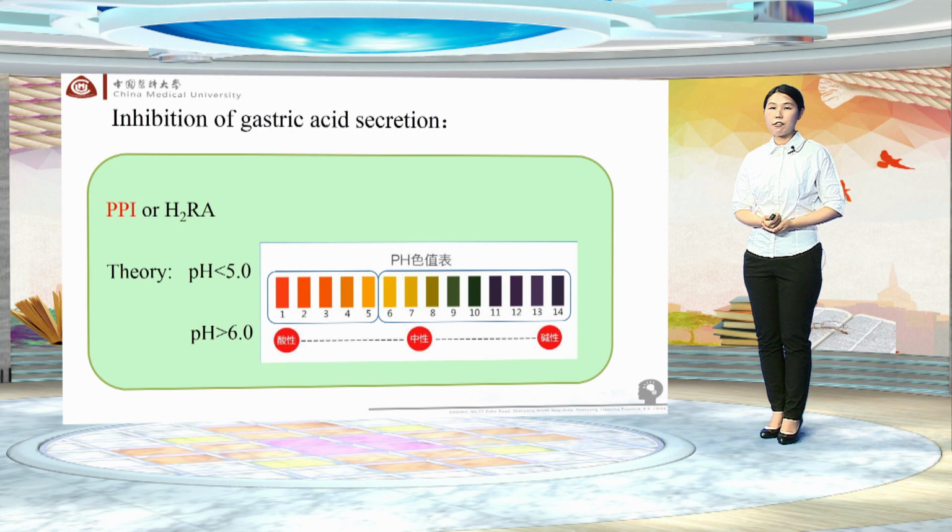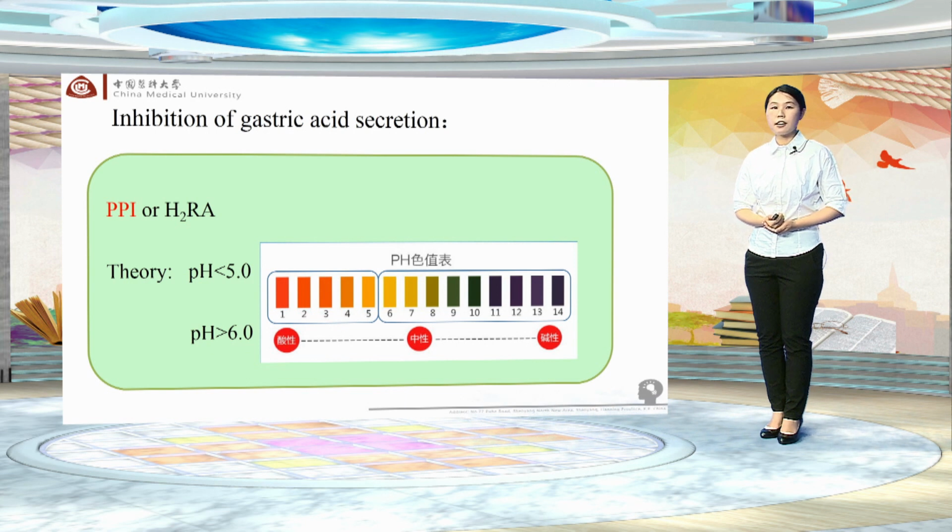The main purpose of our use of drug therapy is to inhibit gastric acid secretion. We can choose proton pump inhibitors or H2 receptor blockers, but clinically we use PPI more. Why can inhibiting gastric acid secretion play a role in hematemesis?